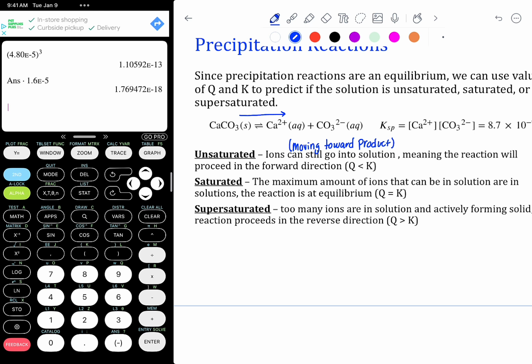So we're at that dynamic equilibrium where the rate of the forward reaction is equal to the rate of the reverse reaction. Okay, so we're at equilibrium. We cannot have any more ions be in solution. So here our Q value would be equal to K.